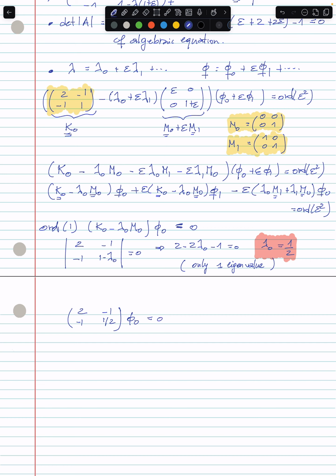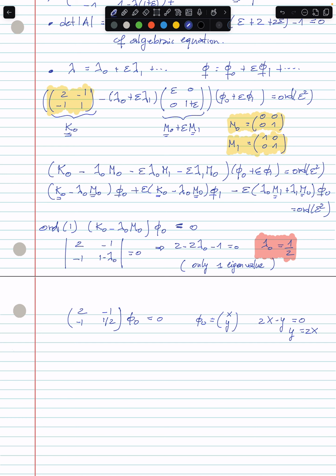And then, if you wish to get details, you replace phi 0 by x and y. You see that 2x minus y should vanish, so y is equal to 2x. Of course, you expect the second equation to provide the same. You can just check it if you wish.